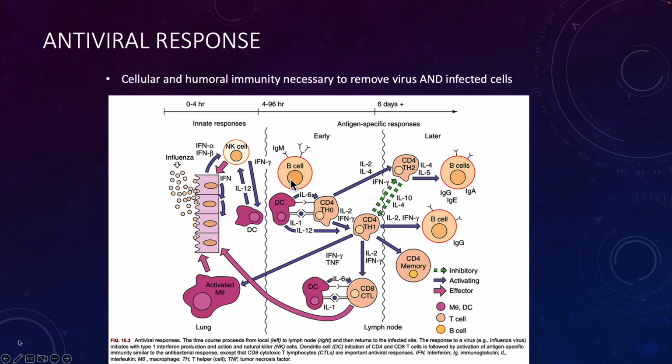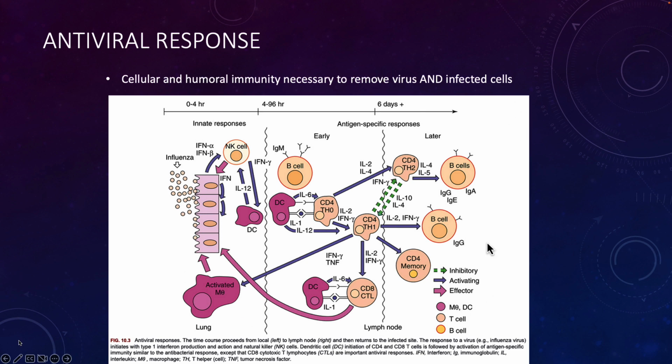So you're going to get high levels of CD8 positive T cells that are going to go and tell these infected epithelial cells that, hey, sorry, you got to go. So we have both of these responses.